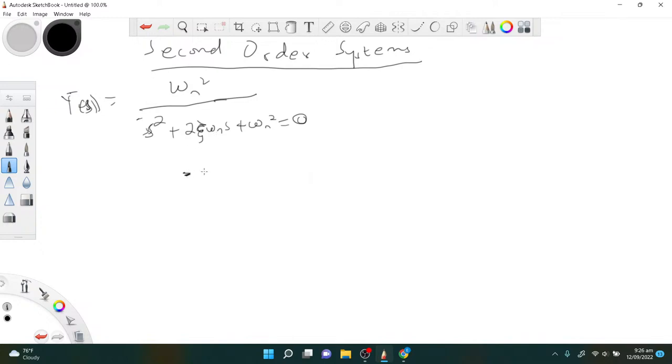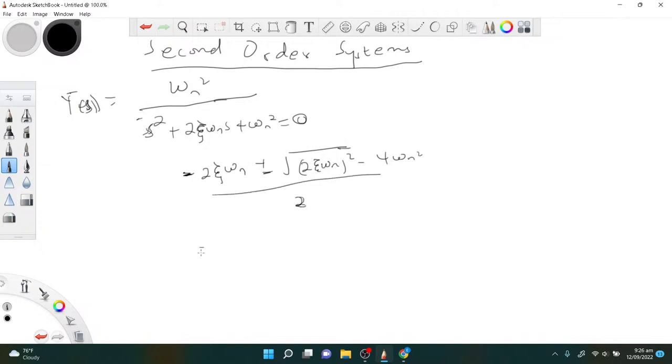expression. You get negative b, which is negative 2 zeta omega n, plus or minus the square root of (2 zeta omega n) squared minus 4 omega n squared, all over 2.